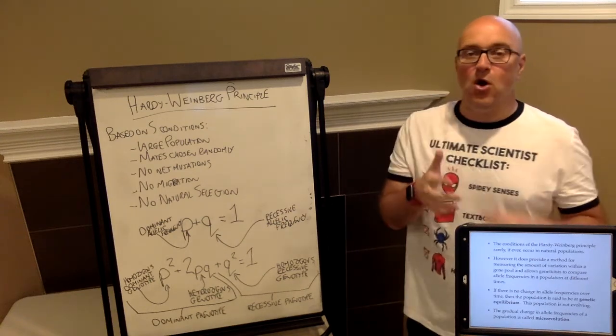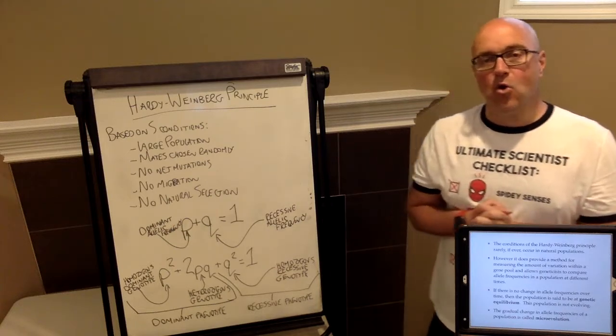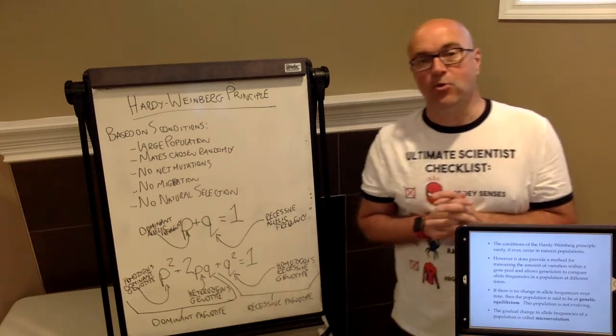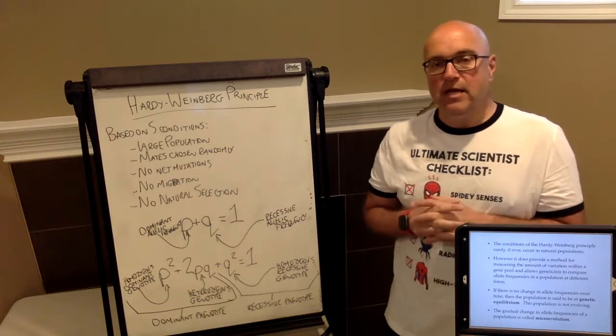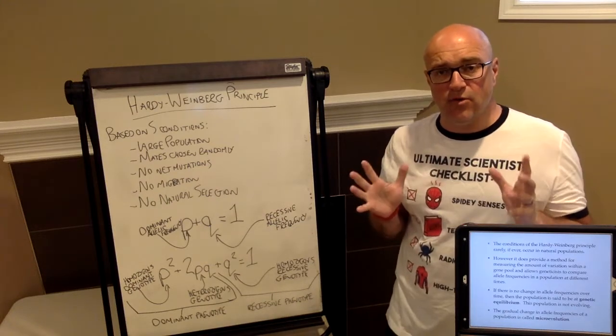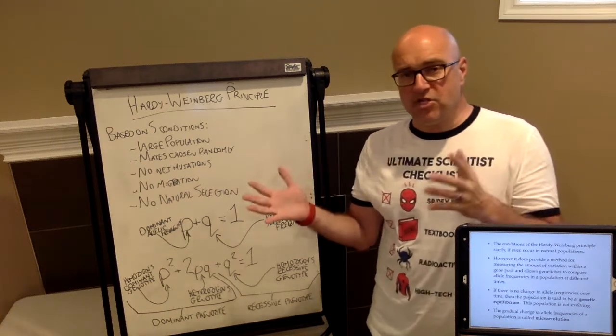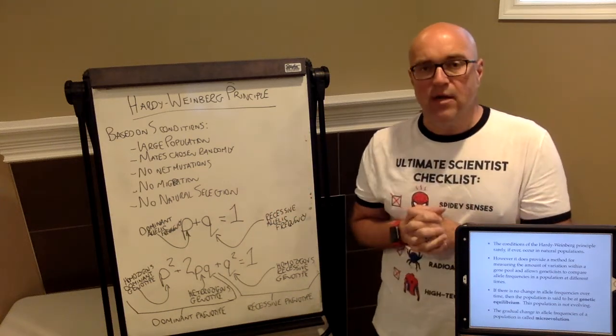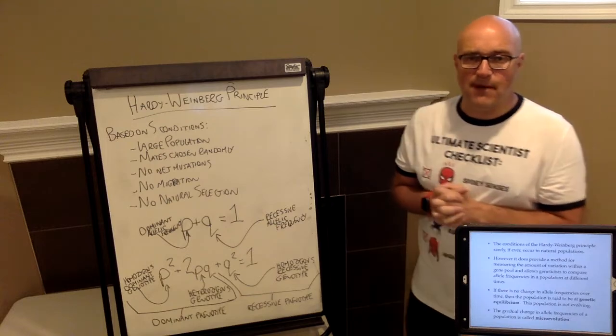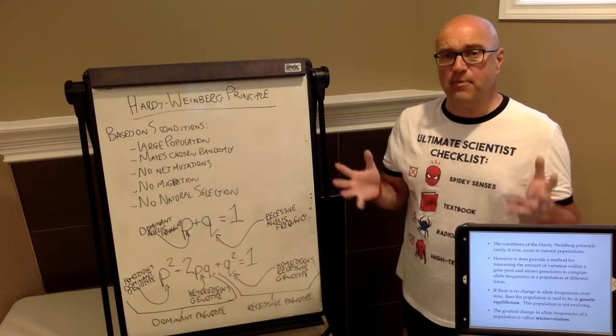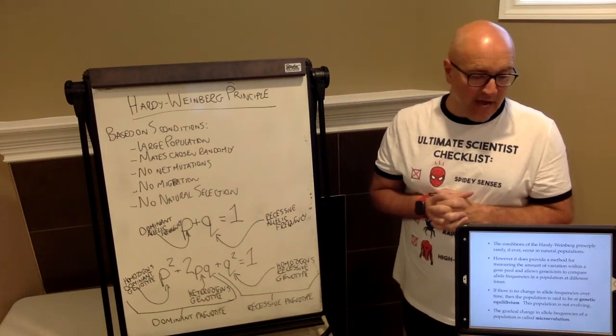And if so, then is there some kind of a microevolution that's going on in that population? So even though a lot of populations don't qualify to use Hardy-Weinberg, biologists can still use this formula to calculate trends in a population. Is there a shift toward one allele or the other? That's where this equation can come in very handy if you're studying populations for long periods of time.